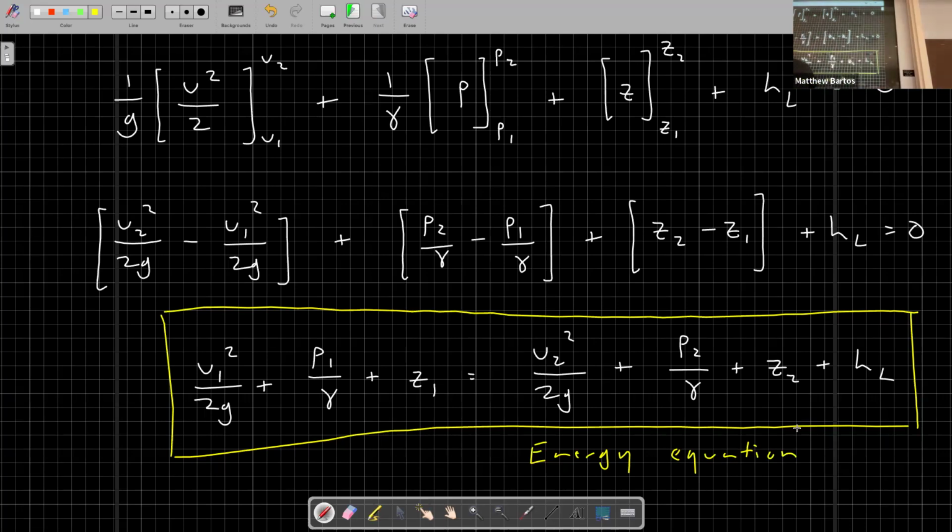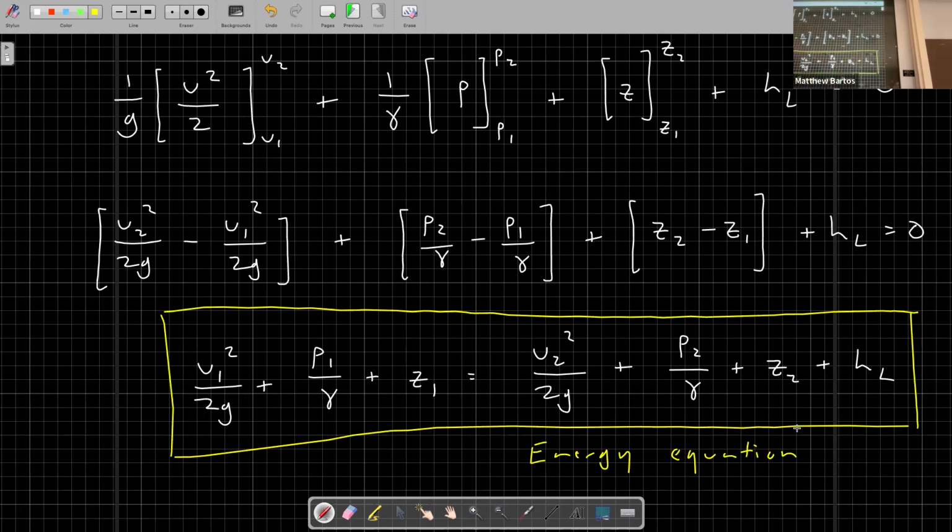And just as a quick conceptual check, each of these terms here is associated with a term in the momentum equation. This pressure energy term, or this pressure head term, is associated with the pressure force. What term in our force balance is this term here associated with, the z2 minus z1? Which force? Gravitational, right? So this is associated with the gravitational force. This head loss here is associated with the frictional force.